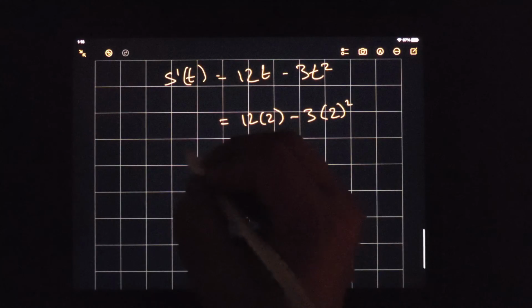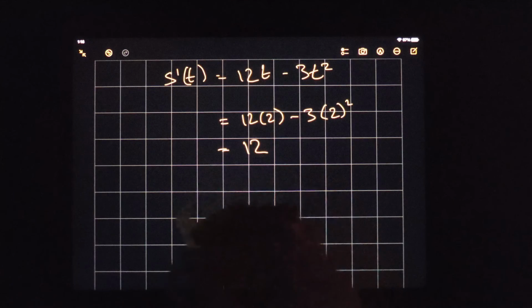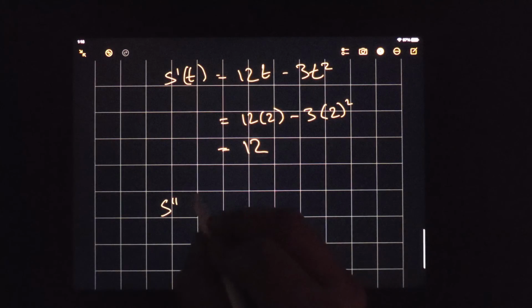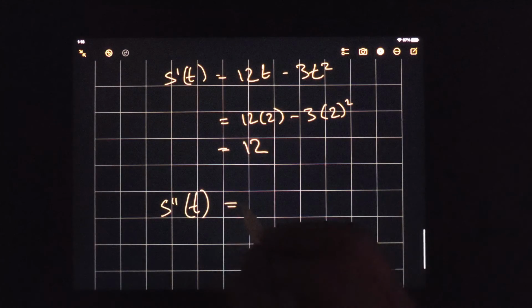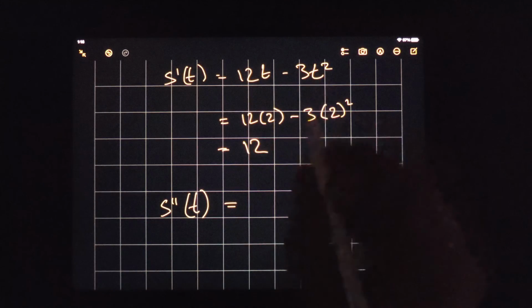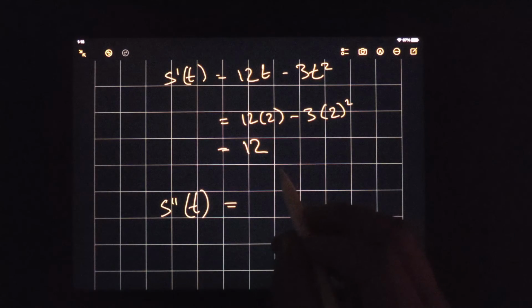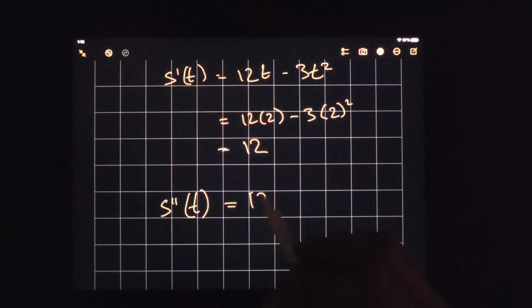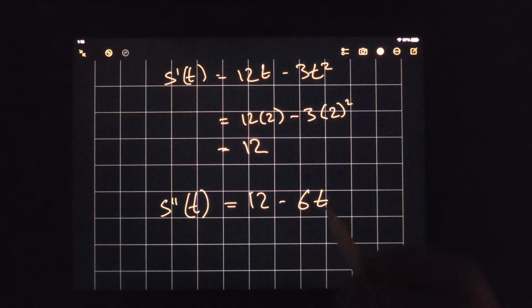And if we do the second derivative, which will give me acceleration, I should get 12 minus 6t.